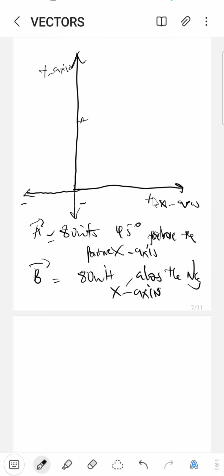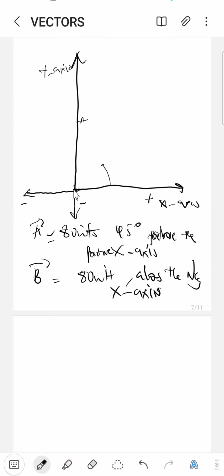The positive is on this end, right? All vectors come from a single origin point, which is there. So we are moving 45 degrees from this positive x-axis line, above it, right?